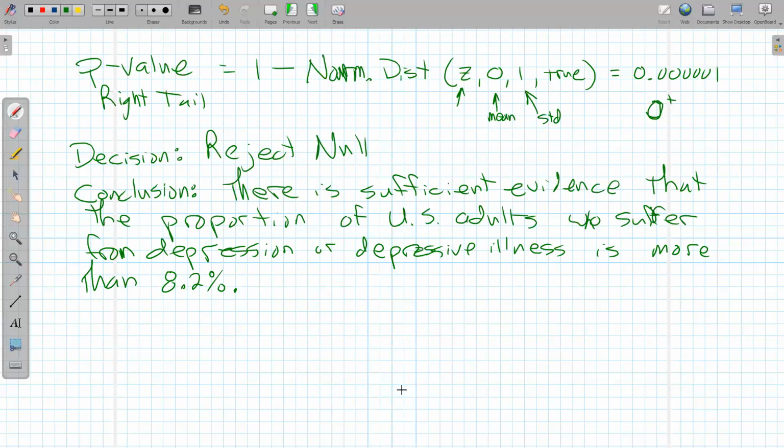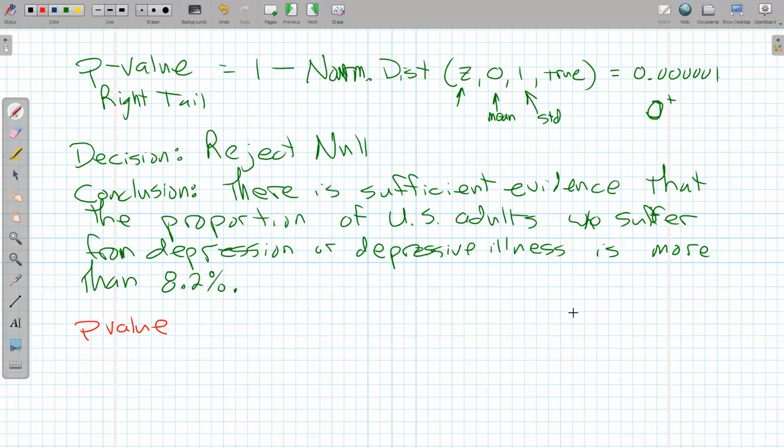What's the p-value mean? So that's a whole other thing. So the p-value is about 0. Really, let's see, what is this? Tenths, hundredths, thousandths, 10,000s, 100,000s, millions.